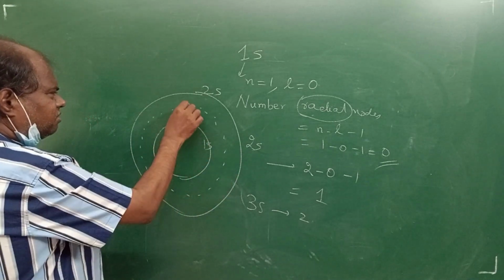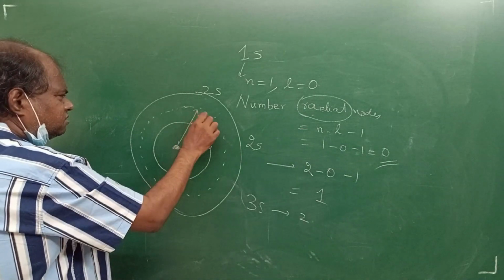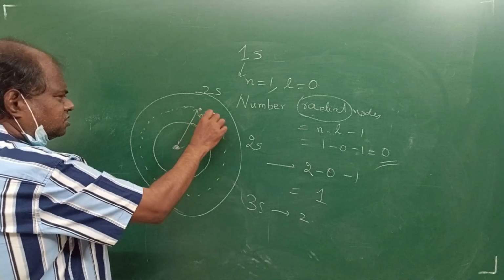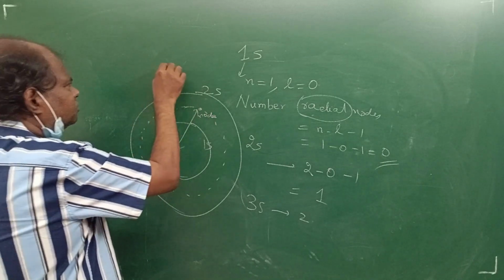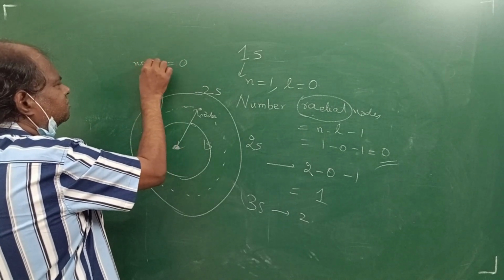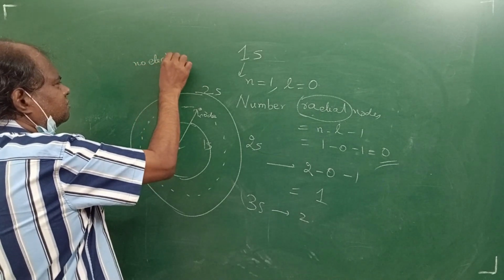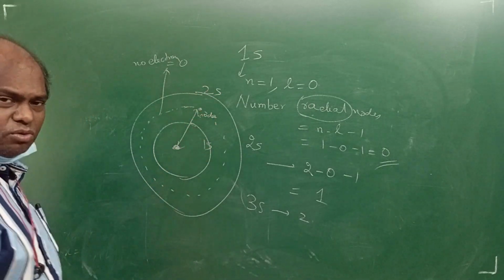Can you see this? Students, this is a node. At this point there will be a node, so here you can't find the electron. No chance. The probability of finding the electron is 0. So for 2s you will get one node. Are you clear?